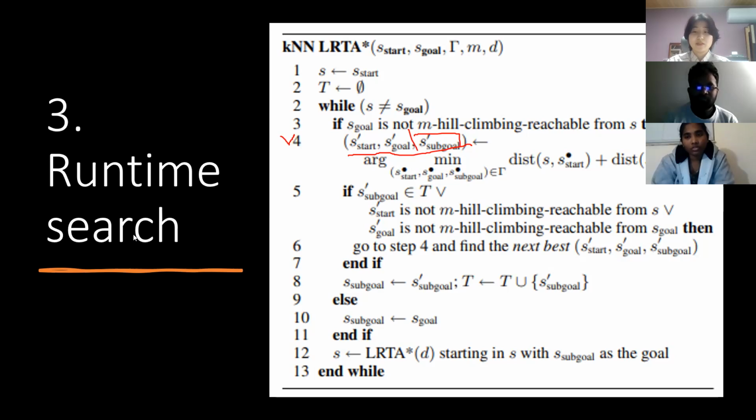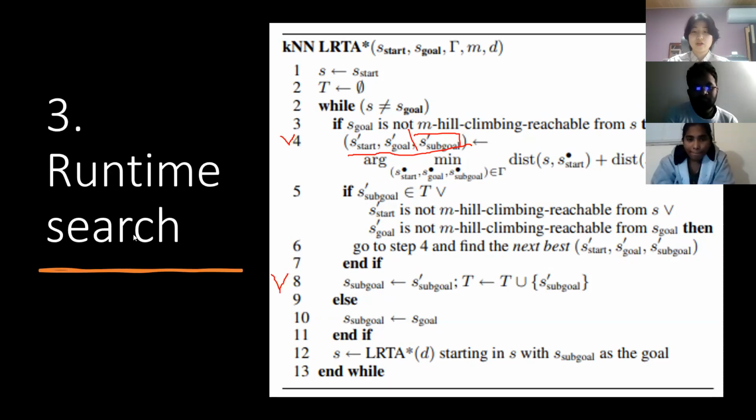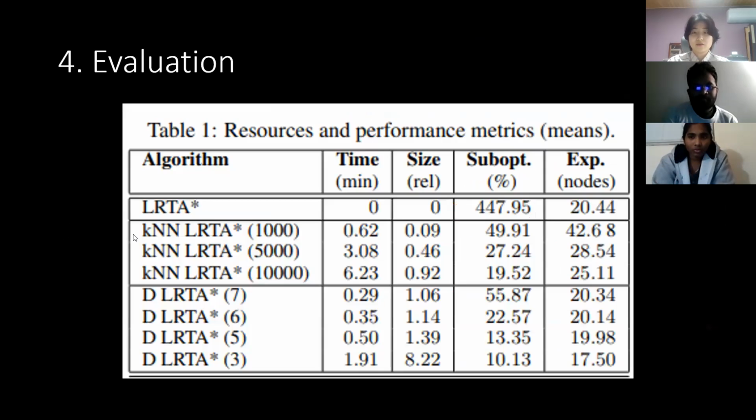To prevent revisit of the same nodes, line 8 sets a taboo list to exclude nodes already visited. Overall, the algorithm only runs m times to reduce the time complexity.